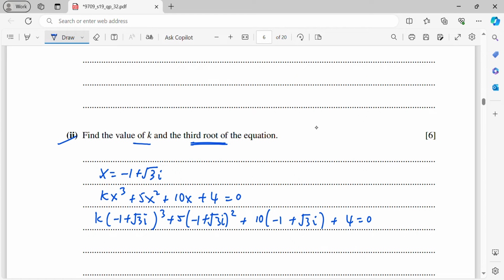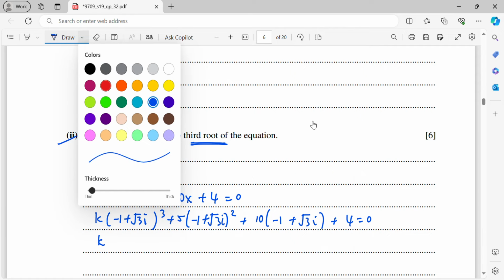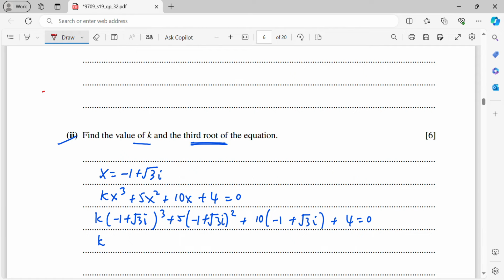Now for the first term, because of the power 3, you need to do expansion. You may refer to Pascal's triangle. If (a + b)⁰, you get 1, so I will just write down the coefficients of the terms. (a + b)¹ is a + b, with coefficients 1 and 1.